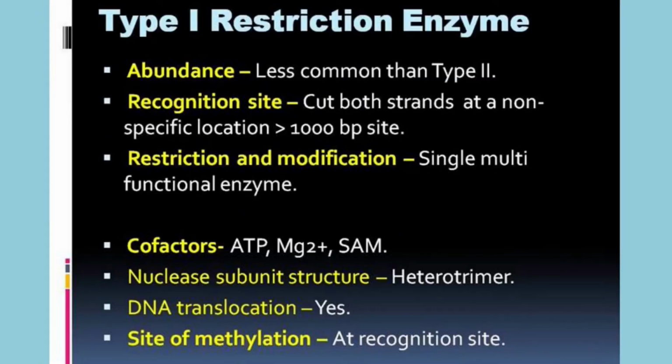The type 1 restriction enzyme is less common in abundance than type 2, and it cuts both strands at a non-specific location, about 1000 base pairs away from the recognition site.